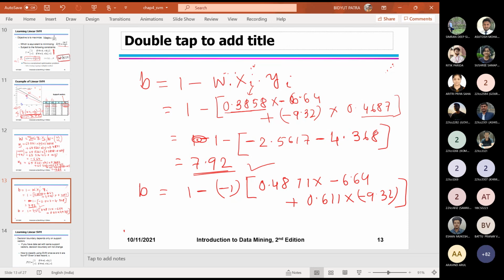How much is it coming again? According to this calculation, it is coming 7.9289. Now you take the average, which you can consider as 7.93.